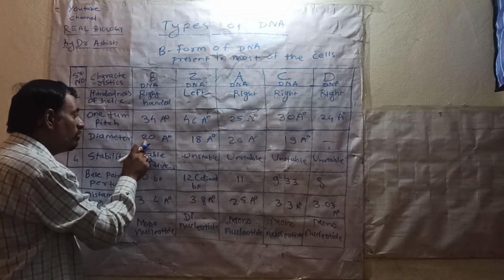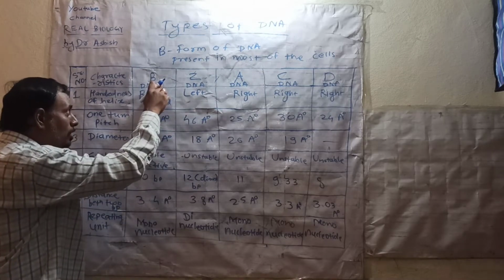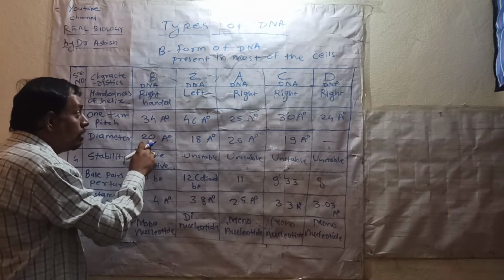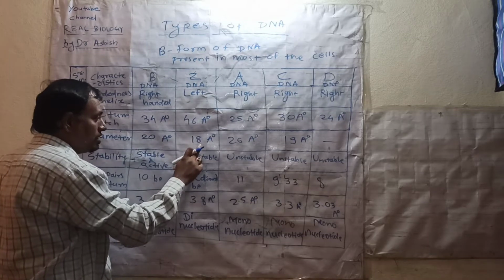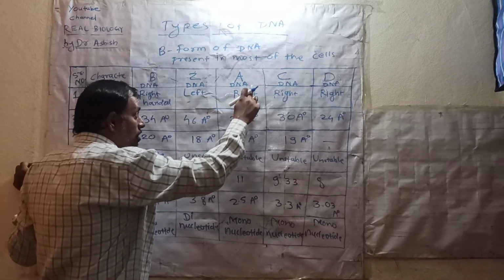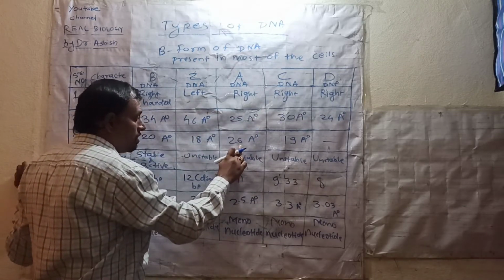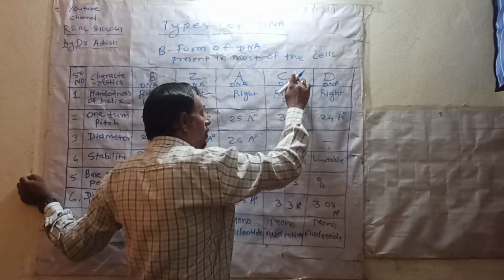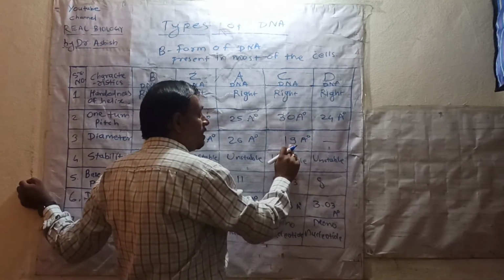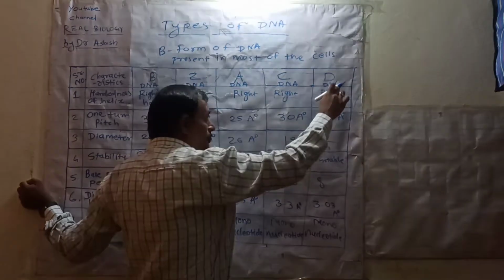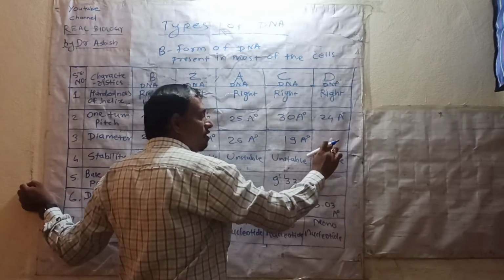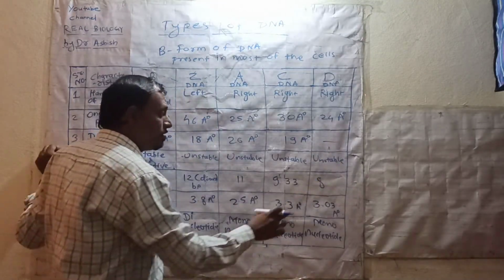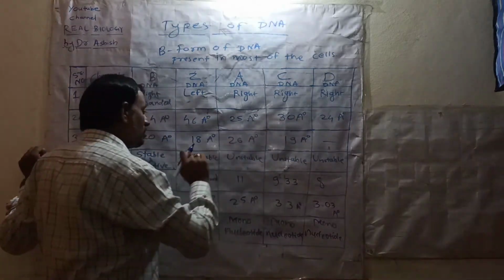The width of Z DNA is 18 angstrom, of A DNA is 26 angstrom, and of C form of DNA is 19 angstrom. About D form of DNA, it is not mentioned very well in most of the books, which is why I have written it as a dash.